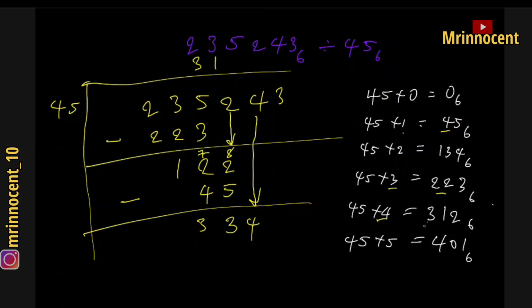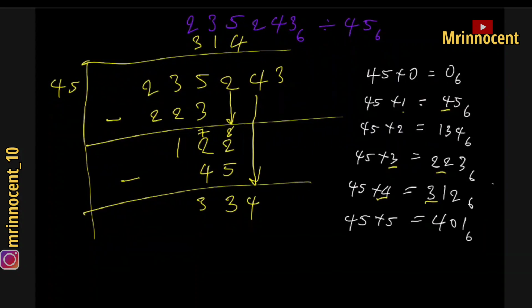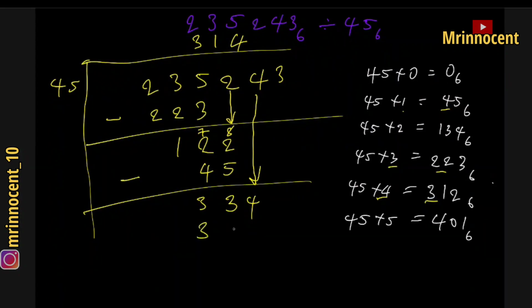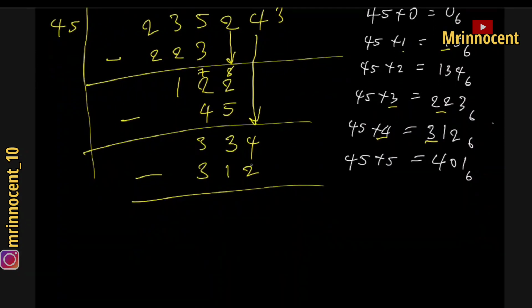So our answer is 4. 4 times 45, you have 312. So you subtract. 4 minus 2 is 2. And 3 minus 1 is 2. 3 minus 3 is 0.